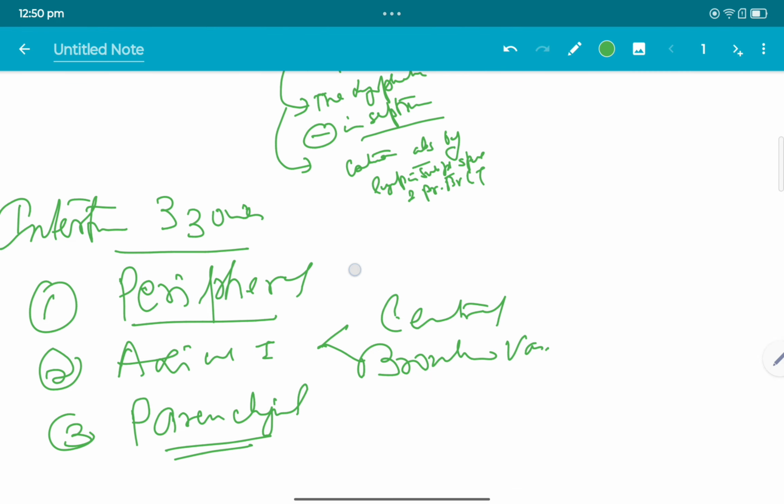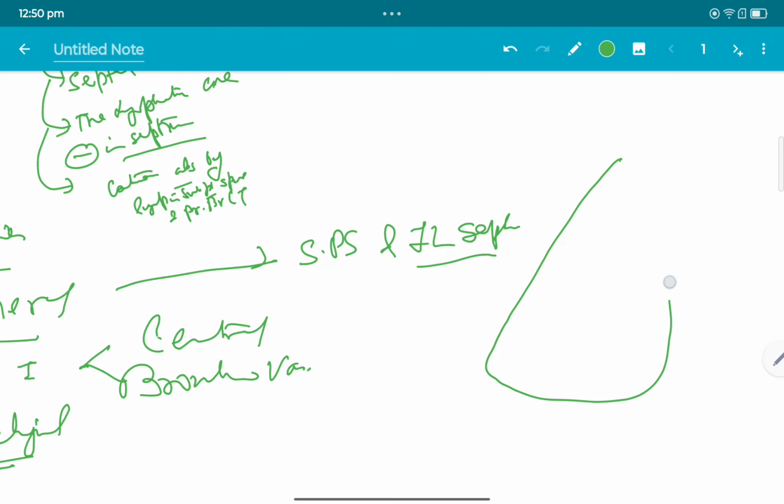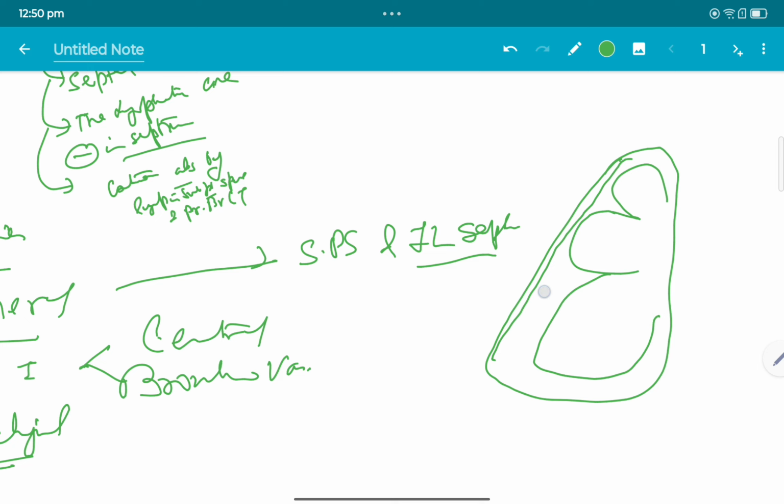The peripheral is present in the subpleural space and interlobular septa. Suppose this is our lung, so this peripheral interstitium is present in the subpleural space and between the upper lobe, middle lobe, and lower lobe, in the interlobular septa.